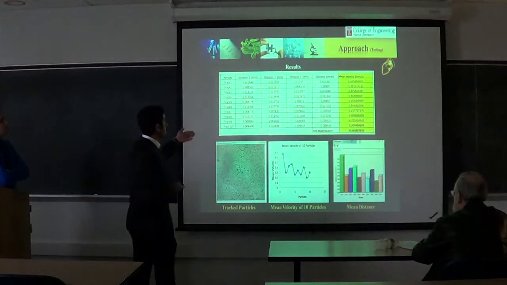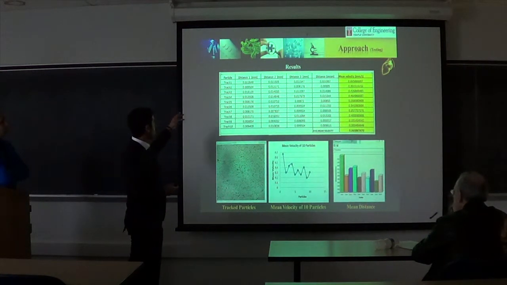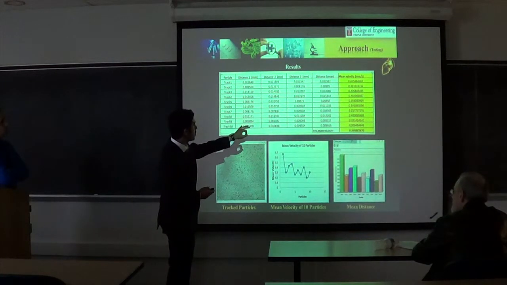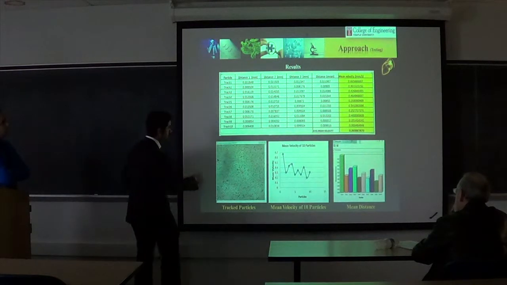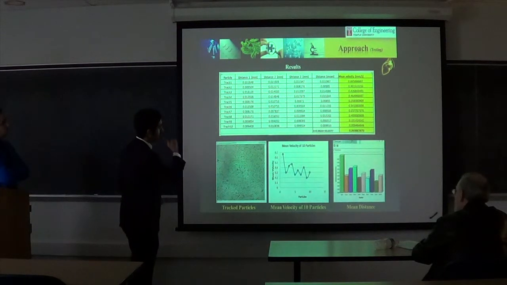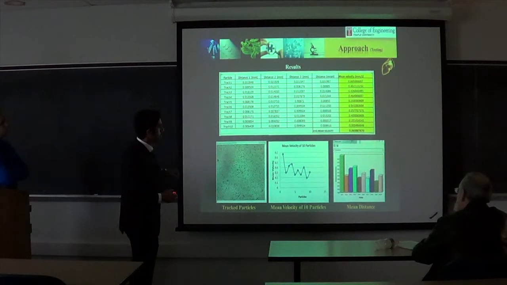And these are the results of the testing. We tracked 10 particles with 3 different distances, and we also have the mean distance here. You can see the picture. There are 4 points representing the first distance, second, third, and also the mean distance. And we calculated the mean velocity for each track.